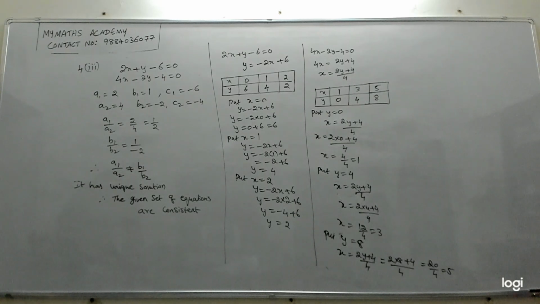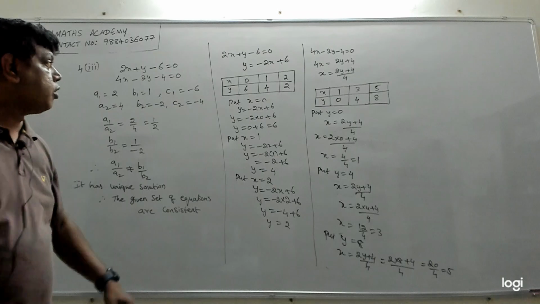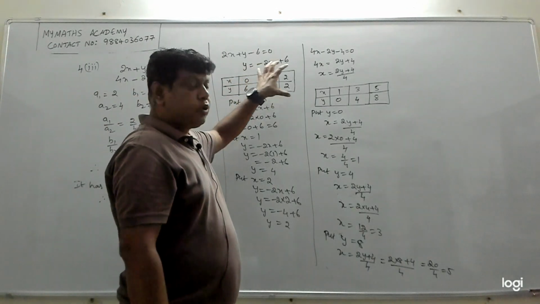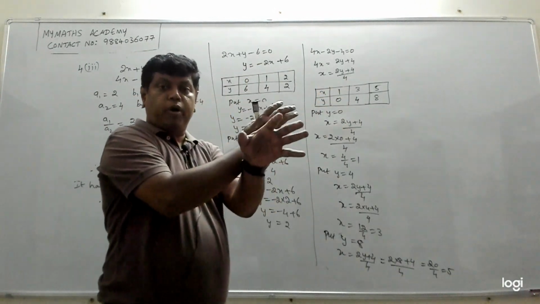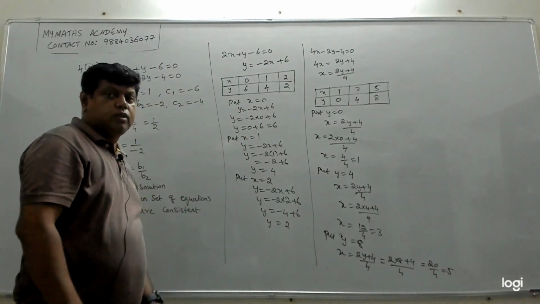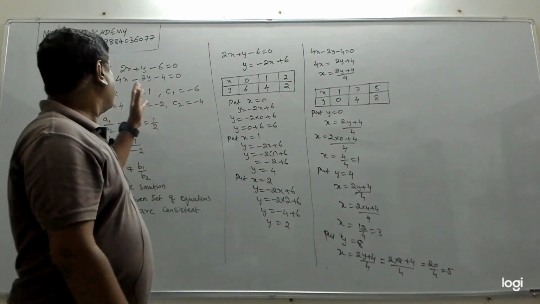So for example, I want you to do this graph. You draw the graph for this, both will meet at a point, and that point is the solution for this equation.